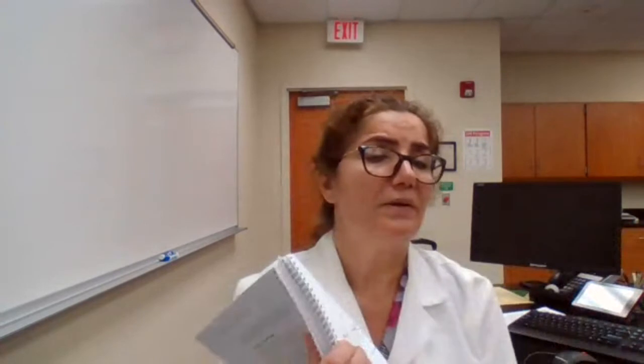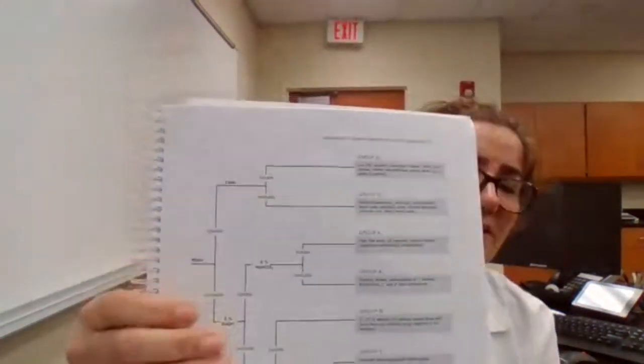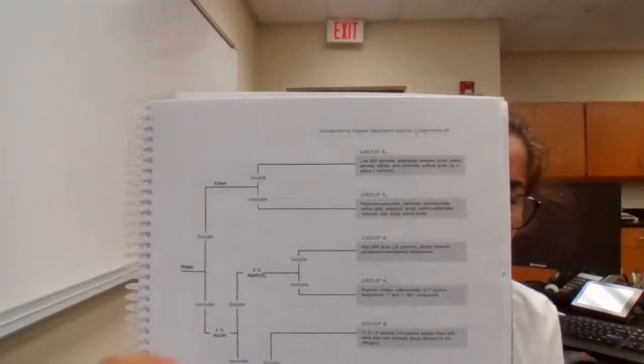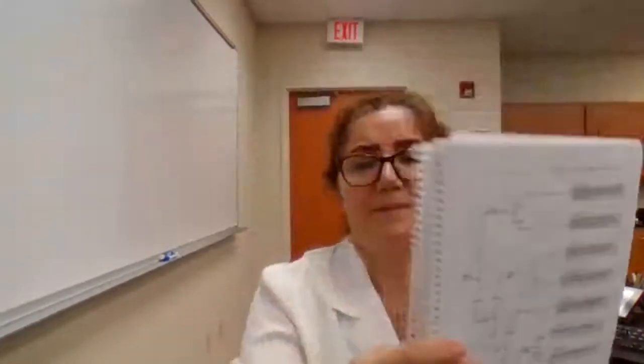Experiment 18, I told you you will have a lot of questions, maybe 4 or 5 questions from experiment 18, from the chart that you have here and the examples that I gave you that day when we were talking about experiment 18. For example, if you were asked to give me an example of an alcohol that dissolves in water, you could have more than one answer.